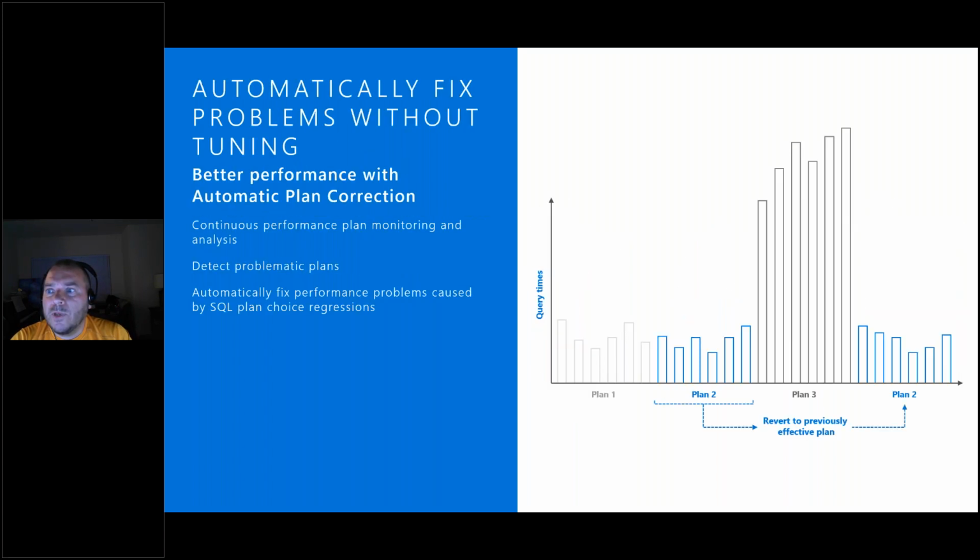The automatic tuning is very interesting because in SQL Server 2016 we introduced a technology called Query Store, which hopefully many people know and use. Query Store stores telemetry data about the compile time and execution time statistics of how the execution plans are working, and there is a nice graphical user interface in SQL Server Management Studio where you can see the different execution plans for the query.